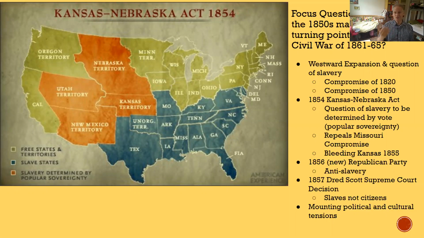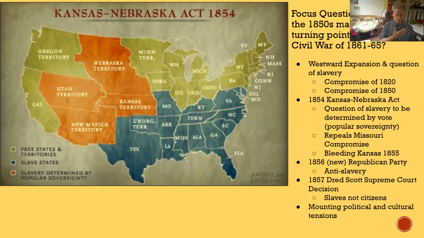But also how each compromise, 1820, 1850, was not perfect. And we saw that especially the acquisition of Mexican territory in 1848 really increased tensions, and it led to that Compromise of 1850, the terms of which we examined earlier.